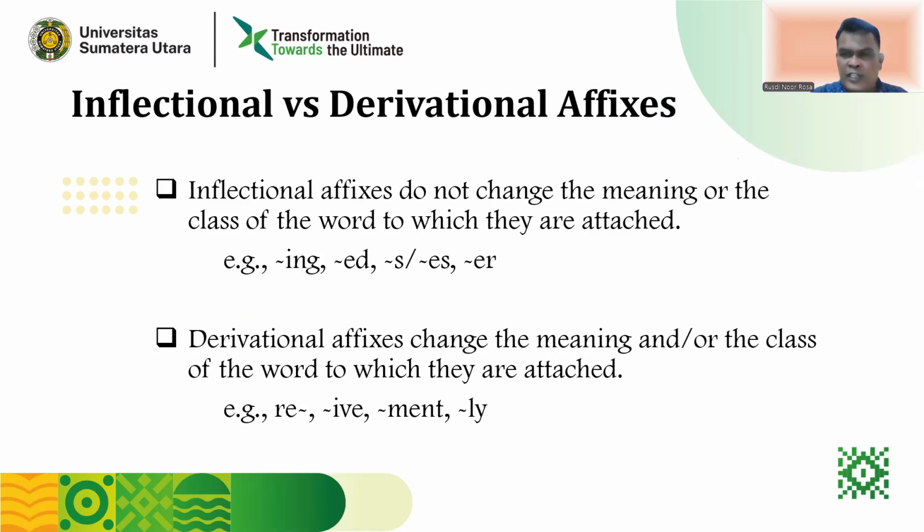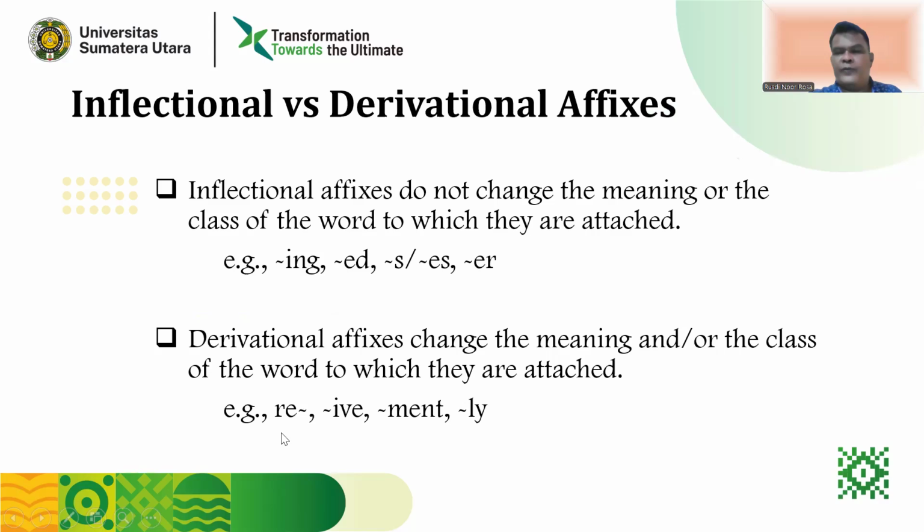The original word must have a different meaning from the newly created word. However, some of the words also experience changes in their class, but some of the words do not experience any changes in terms of their class. Therefore, I use here 'and or the class of the word'.